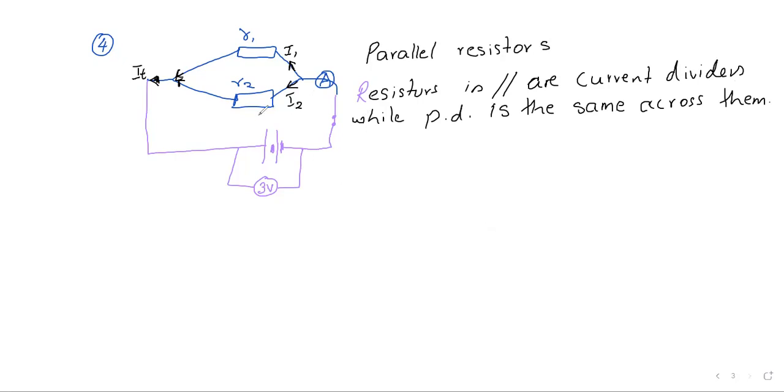What it means here is that if we put a voltmeter here, this voltmeter will measure 3 volts. If we put another one on that side, this will also measure 3 volts.